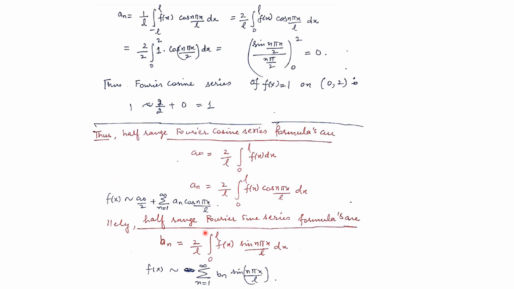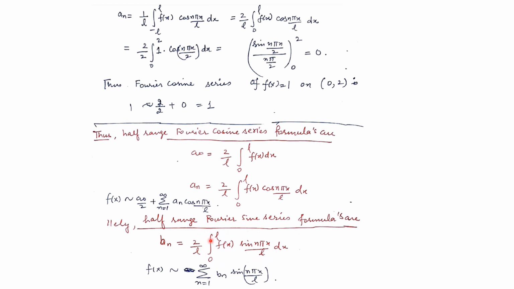Similarly, the half range Fourier sine series formulas are: bn is 2 by L integral 0 to L f(x) sin n pi x by L, and the series is only a sine series, because in case of half range Fourier sine series we have extended the function in such a way that the function is odd. And if our function is an odd function, we will get only a Fourier sine series.